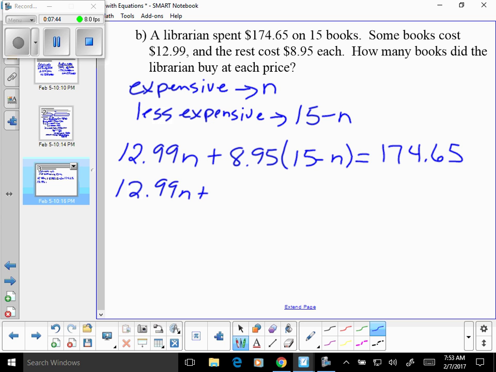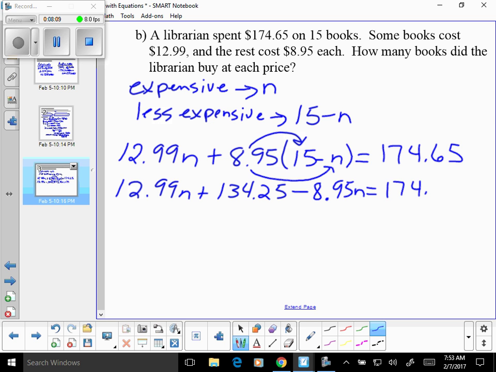So $8.95 times 15 is going to be $134.25. Get your calculator out, do it. Pause if you have to. Now remember, you have to distribute to the 15, but then you also have to distribute over the n. So it's going to be 8.95n equals 174.65.